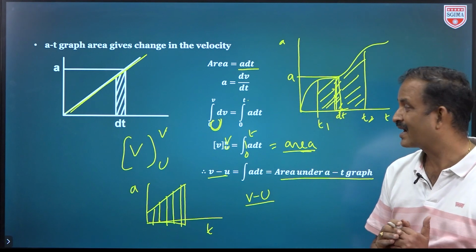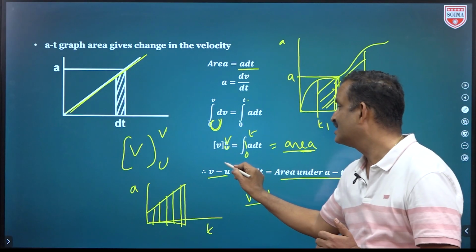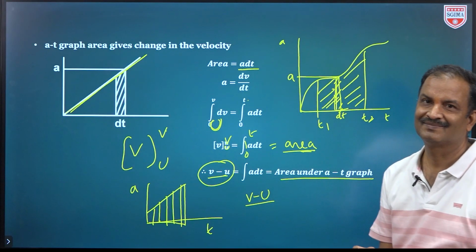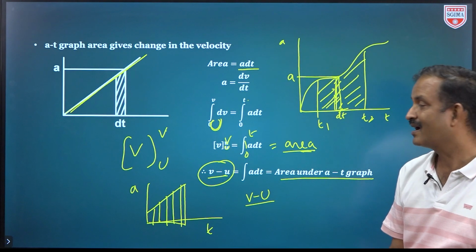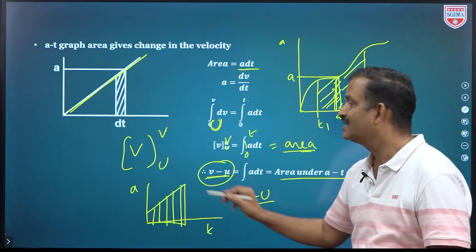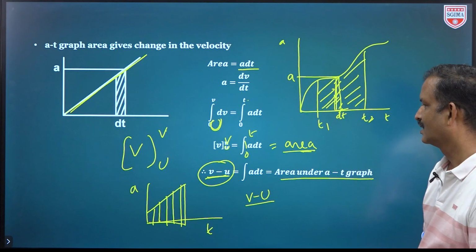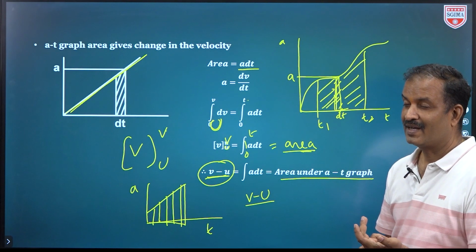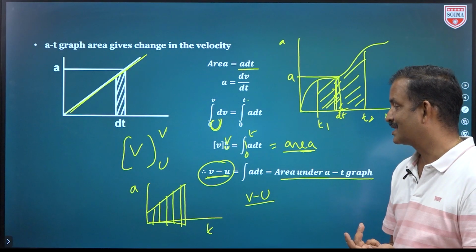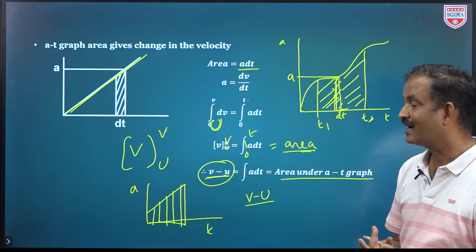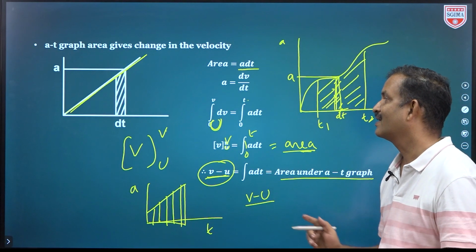So, the area under the AT graph gives the change in the velocity. So, the area under the VT graph gives displacement, but the area under the AT graph gives change in the velocity.